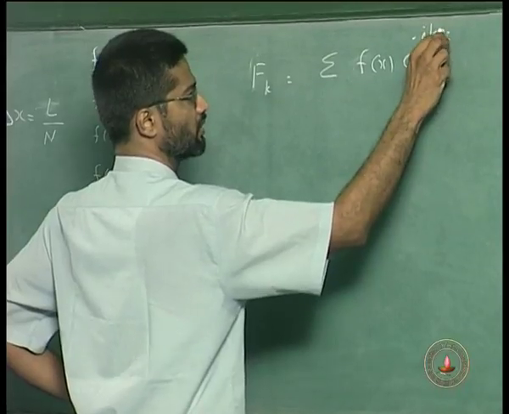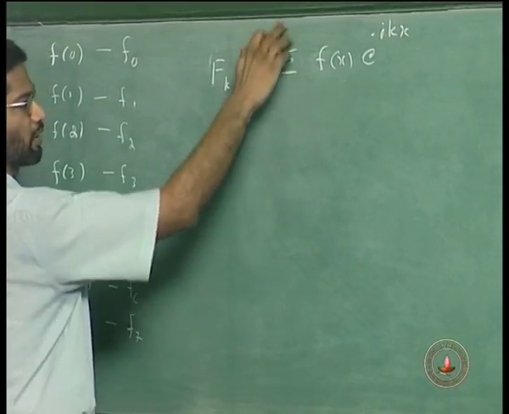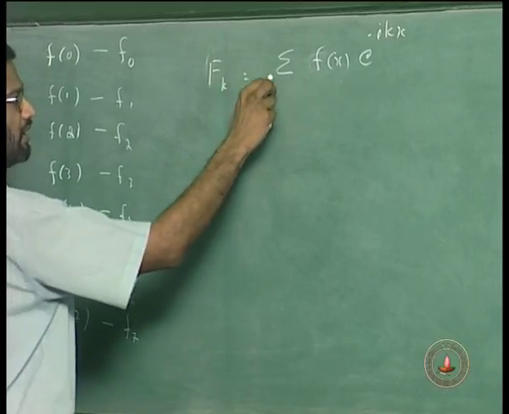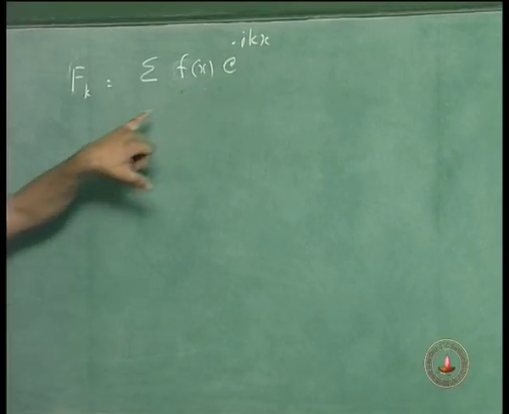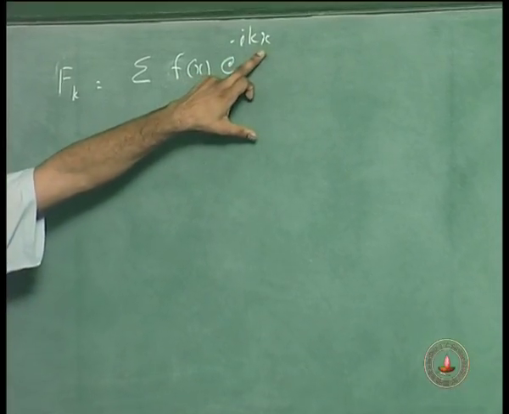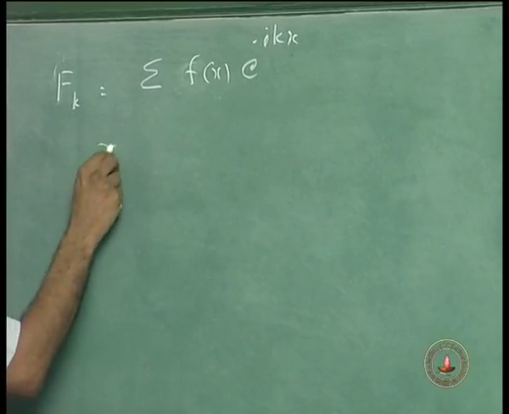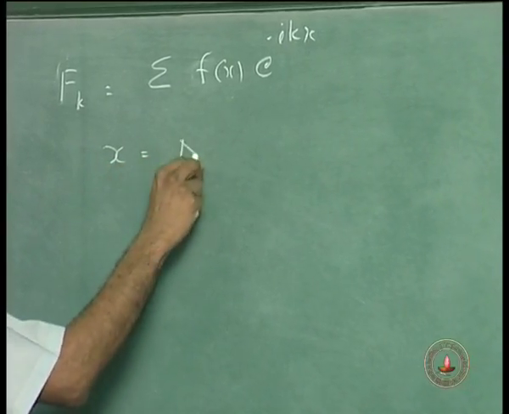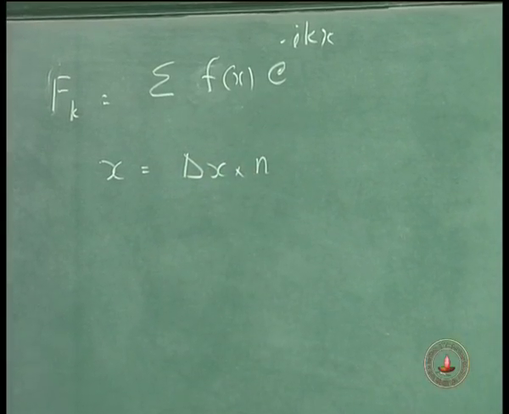For all discrete values of x, we would sum over all x values, whatever the limits are. That's what the actual discrete form is. Now we have replaced the x. We are going to write x as some delta x times n. So that's our x.